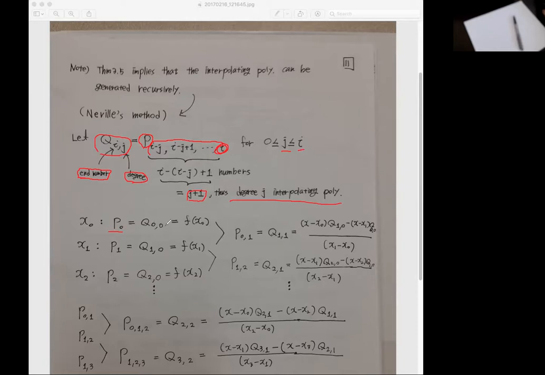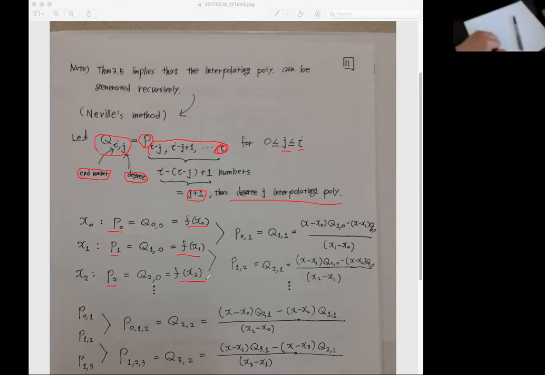It's simply just f of x0, right? The P1 is the Lagrange interpolating polynomial interpolating f at x1, so P1 must be f of x1. So it's simply saying that P0, P1, P2, P3, P4 to Pk are just constants, which are equal to f of x0, f of x1 through f of xk. P2 is equal to f of x2.